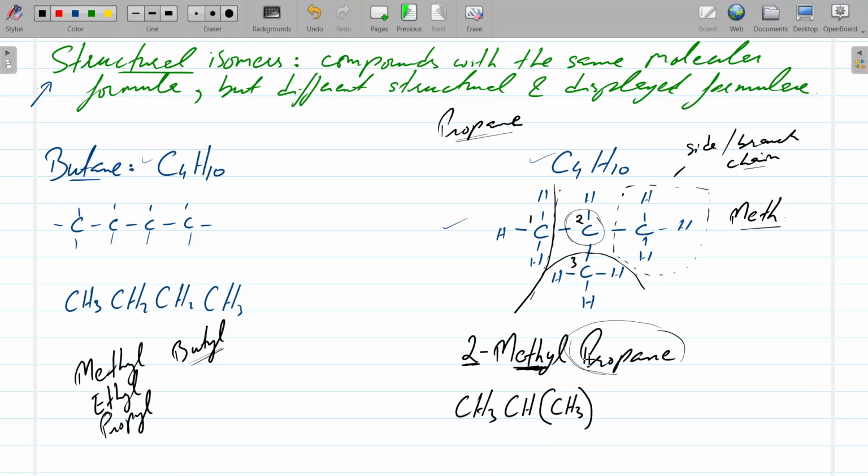And then I write the third part, which is CH3. So first part over here, second part with the side group in brackets, and the third part. And that is my structural formula for 2-methyl propane.